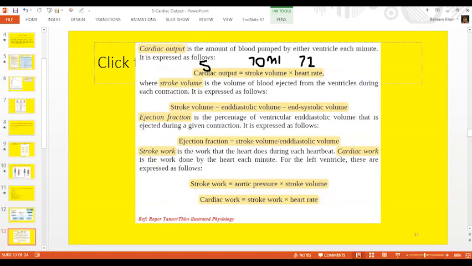So stroke volume multiplied by heart rate is cardiac output. Both these factors, stroke volume and heart rate, directly affect cardiac output. An increase in either of these two factors will increase the cardiac output. Similarly, a decrease in either of these two factors will decrease the cardiac output as well.